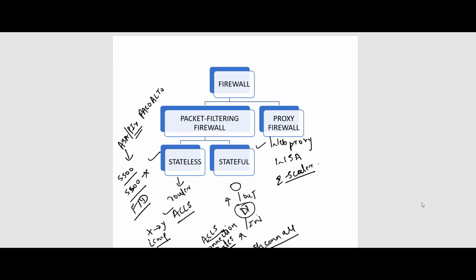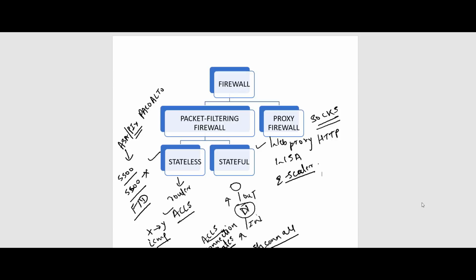Also, I would like to quote over here regarding the proxy firewall that there are basically two types of proxy firewalls. One is web proxy and the other one is SOCKS proxy. Web proxy generally deals with the HTTP traffic, whereas SOCKS is a more generic proxy which can check the connections for multiple types of traffic.